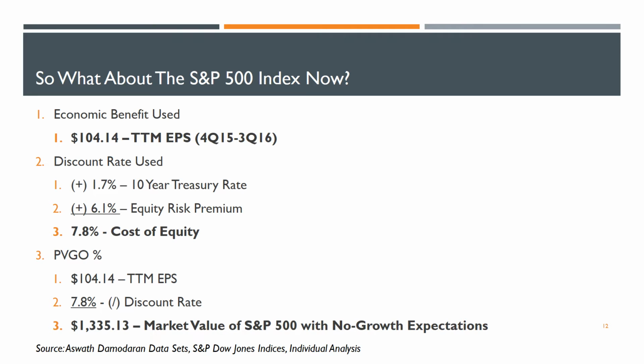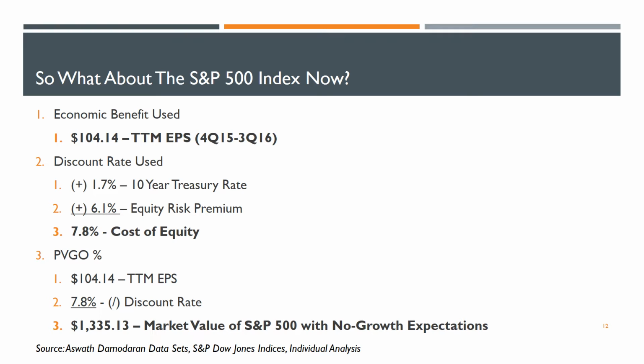So with this in mind, let's look at the S&P 500 right now. The economic benefit we'll use is still trailing 12 months earnings per share, which is approximately $104.14 at the time of valuation, which was around middle of September. Discount rate used, we just did a simple CAPM.